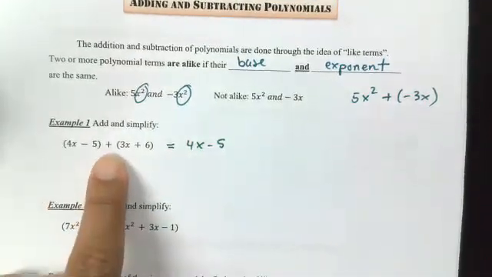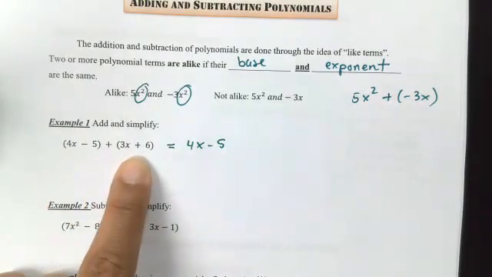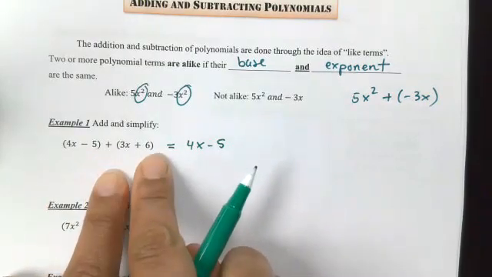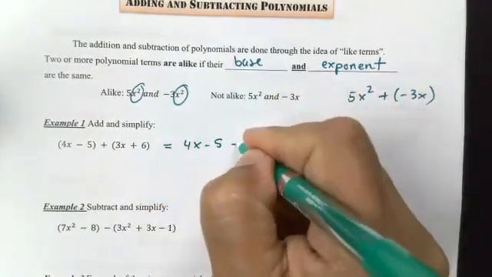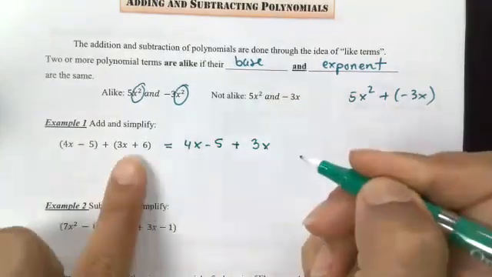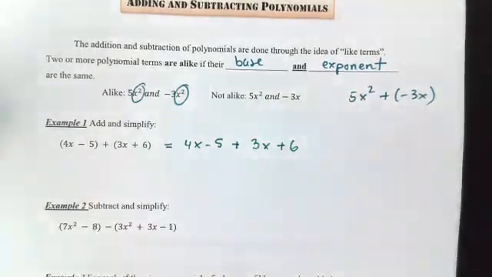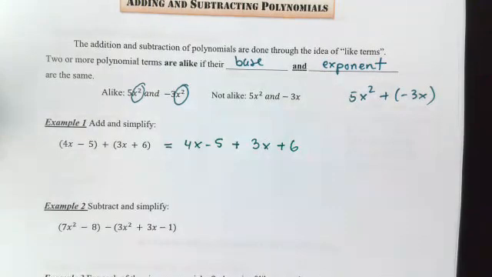And if you have positive in front, another binomial, again, positive means just keep the same thing you have in the bracket. You're allowed to drop the bracket as well. So you have plus 3x and then plus 6 without the bracket. And now we have like terms.